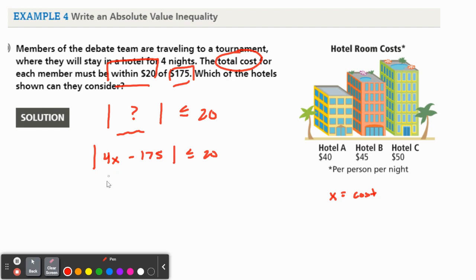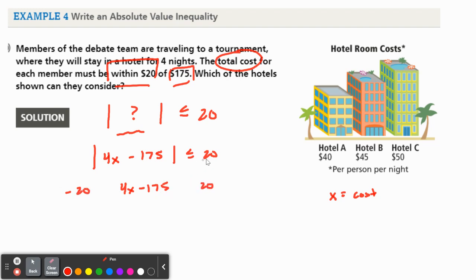So what we spend for each member must be within $20 of 175, and that's what this means. The reason we set up this inequality is because now we know that this 4x minus 175 must be within negative 20 over here and positive 20 over here.